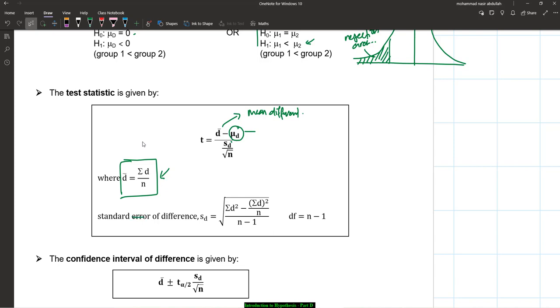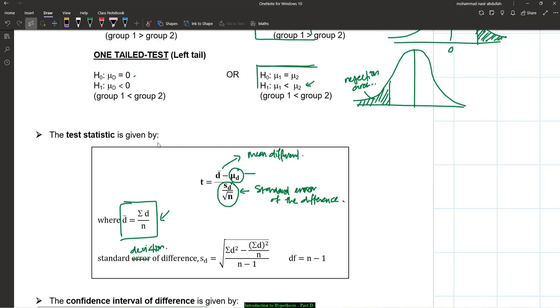This is the standard deviation of the difference, which means the summation of d squared minus the summation of d, all squared, divided by n, and everything divided by n minus 1. So the degree of freedom is n minus 1, which is the number of observations minus 1. So for the t-test, we need to divide by the standard error of the difference.